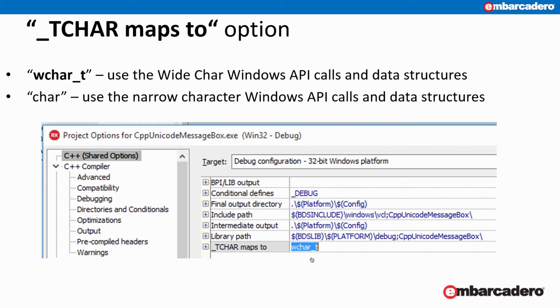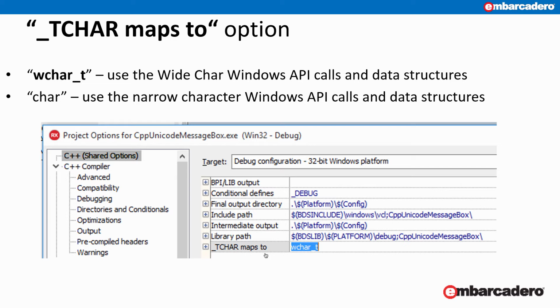And that's another reason when you are migrating your legacy projects to the newer 10 Seattle to first create a new project, either VCL or FireMonkey, and then copy your source code into the new project. As we see here on this slide, to change this option from the IDE, it's under the Project Options, C++ Shared Options, the _TCHAR maps to option.